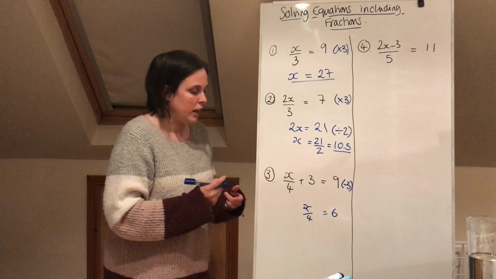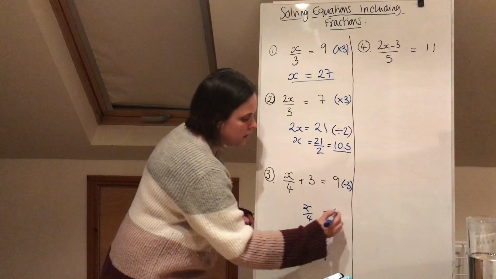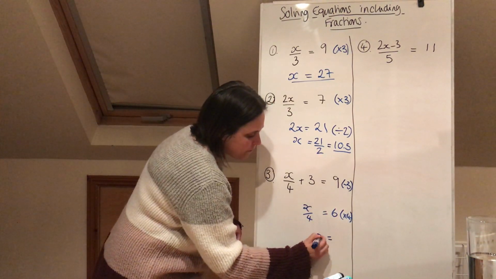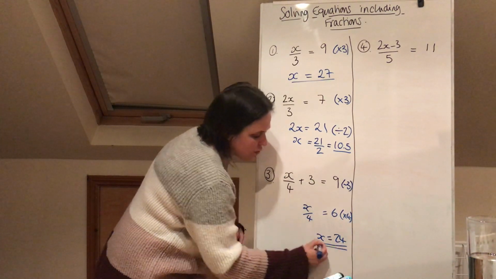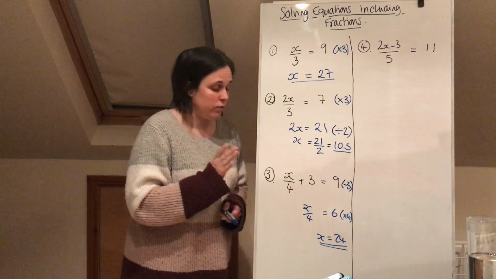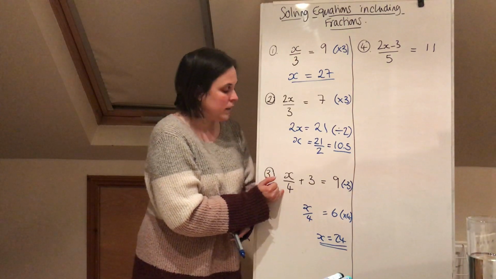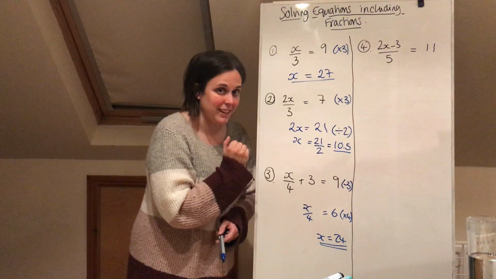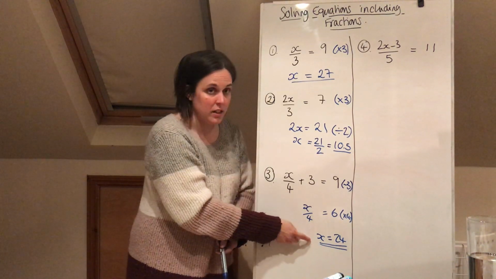Okay, and now we've got x divided by 4 gives me 6. Inverse operation, we're going to multiply both sides by 4, and when you do that, 6 times 4 is 24. And there's your answer. Now if you don't do that, the trap that you could fall into is what quite a lot of people will do, is they'll times by 4 and they'll leave it as x plus 3 equals 36, and then when you take away the 3 you're left with 33, and you can see that's not right.